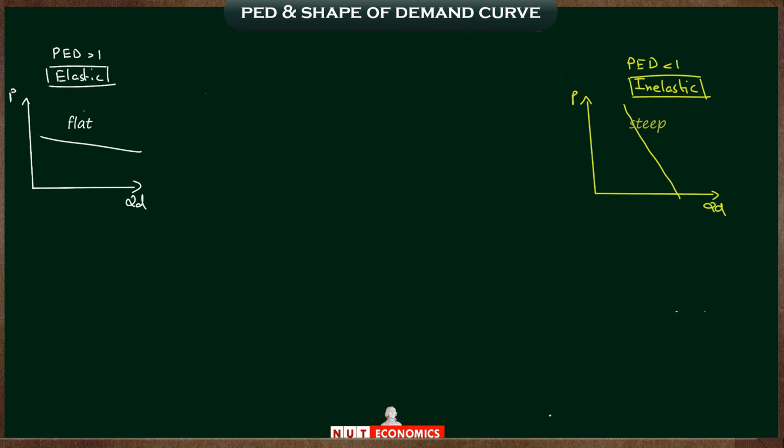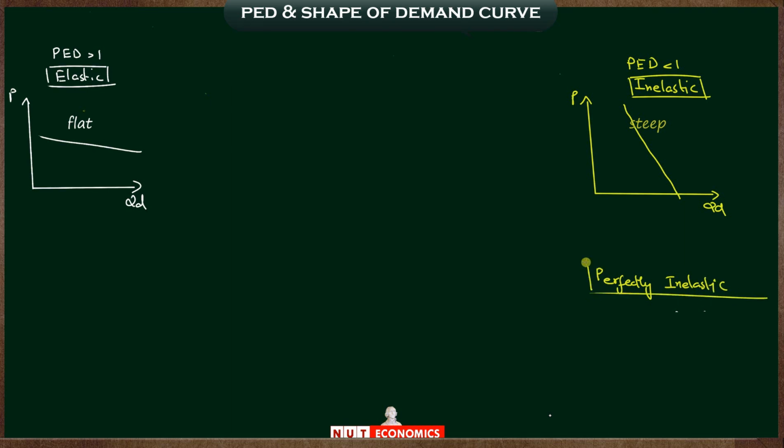Now from here we can introduce two other interesting cases of elasticity, or extreme cases of elasticity. Now what do I mean by that? Let's start with inelastic. Relatively inelastic demand, we are saying, is when the quantity demanded changes, but it does not change a lot due to a given change of price. Now, in the extreme case, we can think of a perfectly inelastic demand.